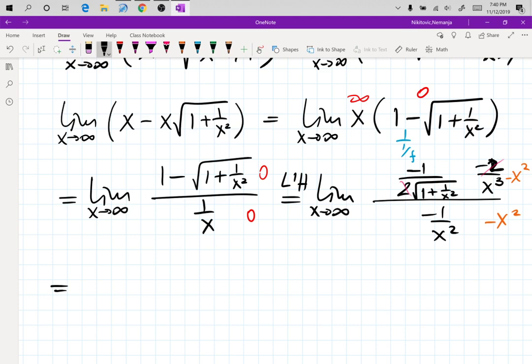X squared gone. So what's left is, I forgot the limit. X goes to infinity. What I have now is x in denominator. So we have negative 1 divided by x times the square root of 1 plus 1 over x squared.